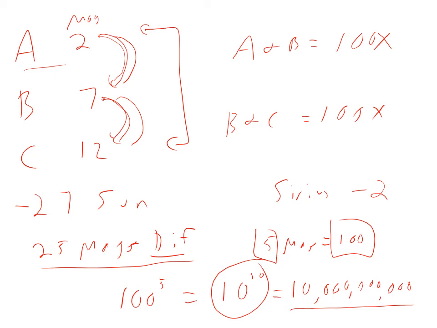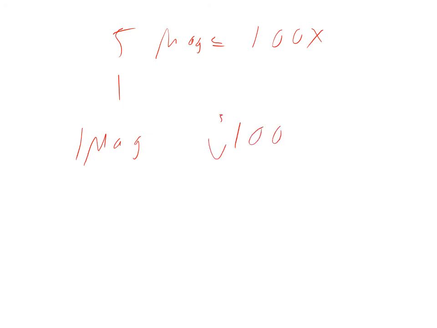So we could then say the ratio of brightnesses. So what about 1 magnitude? We know that 5 magnitudes is 100 times different. So what's 1 magnitude? Well, again, it's not going to be 20. It's not divide. It's going to be 1 magnitude, whatever it is, to the 5th power. Whatever it is to the 5th power gives you 100. So that means 1 magnitude is going to be the 5th root of 100.